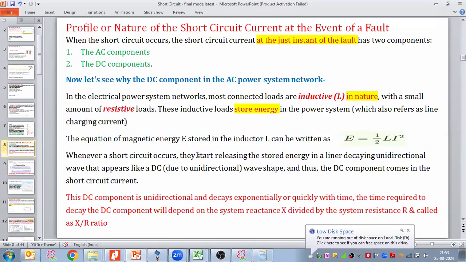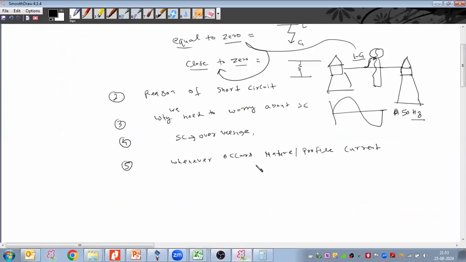They have a higher amount of energy, but over time this energy will decay. So they start releasing the stored energy in a linear decaying manner, and this decay is unidirectional. What I mean by unidirectional is that the direction is this direction. See, this is sinusoidal.